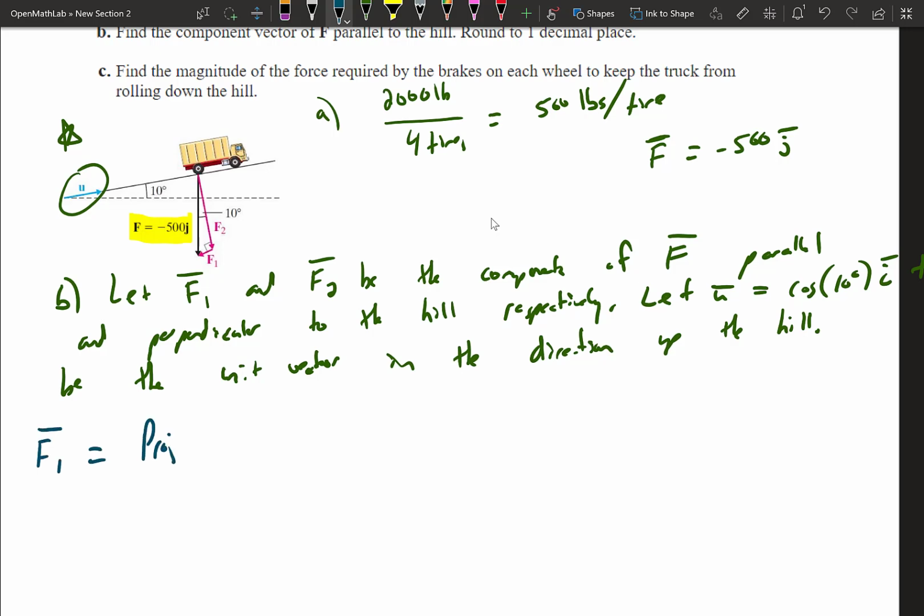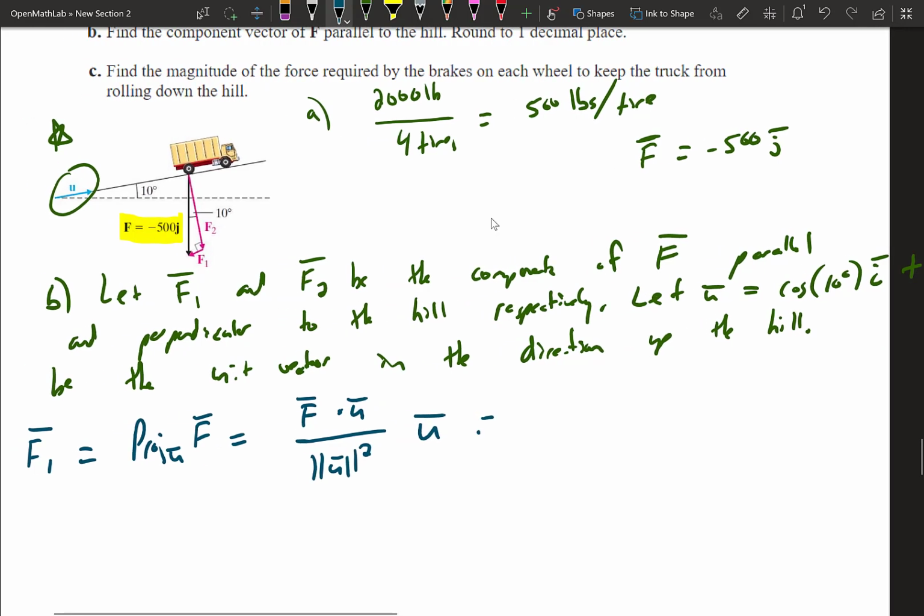the projection of vector f onto vector u. So this would be equal to vector f dot product vector u over modulus of u squared times vector u.